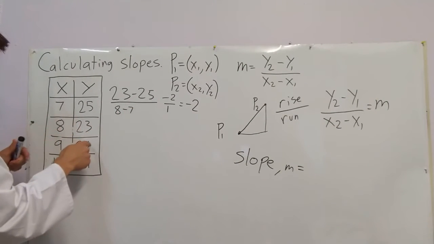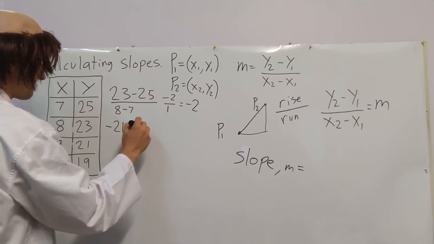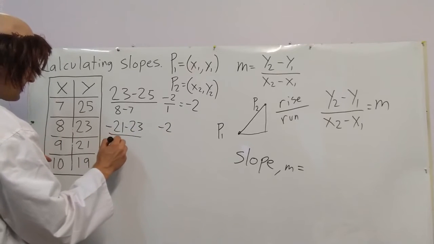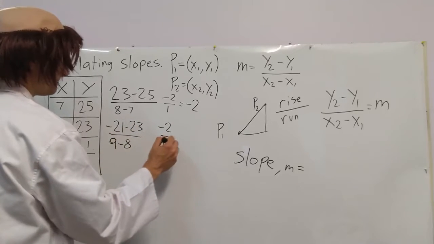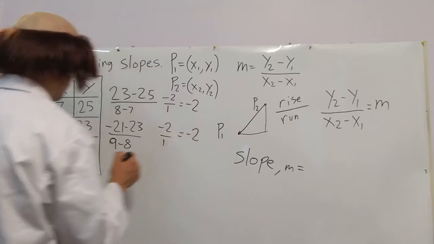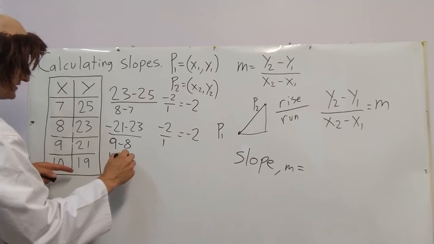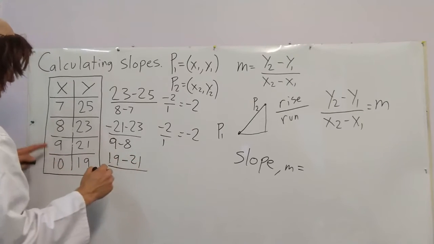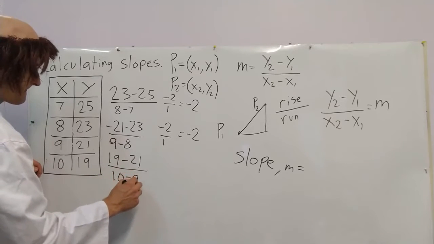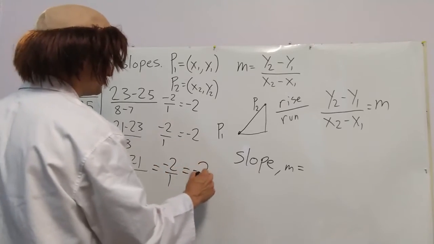Hopefully it matches with this. 21 minus 23 equals negative 2. 9 minus 8. Negative 2 divided by 1 is negative 2. 19 minus 21 divided by 10 minus 9 equals negative 2 divided by 1 equals negative 2.